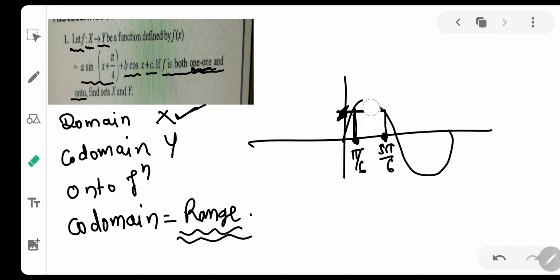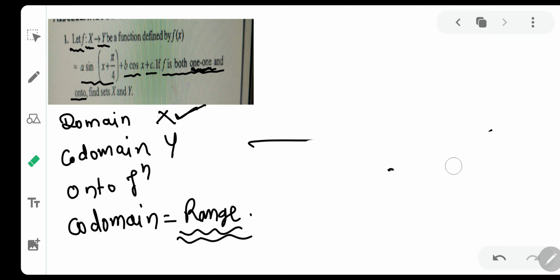So if I cut this like this and if I take this like this, then it is a 1 to 1 function, because for every value of x there is only one value of y. Okay, so this concept you have already studied, that for one value of x there should be only one value of y. That we'll take it when we move up to that part.